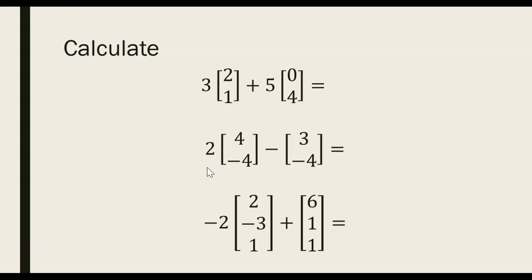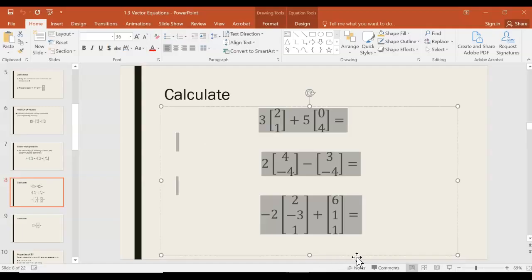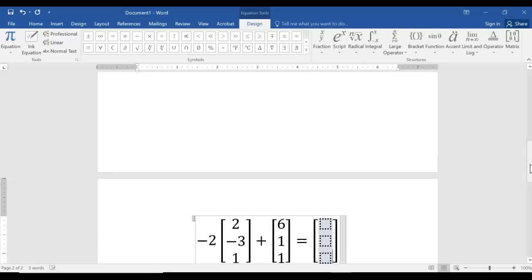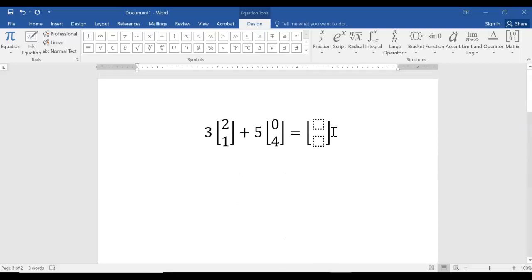All right, so hopefully you went ahead and did that. What I'm going to do is do that addition right here. Now, you can do this a number of ways. When you multiply the 3 times this first vector, you can create the vector (6, 3).